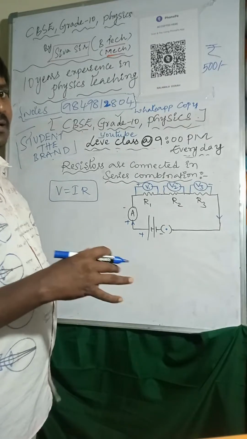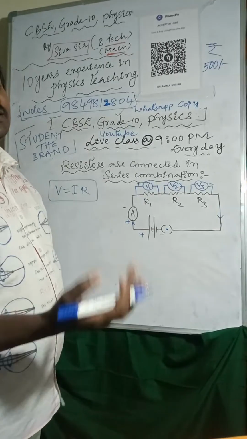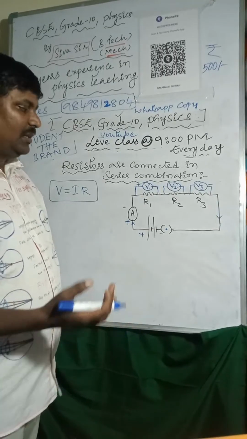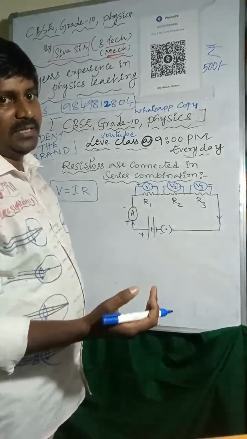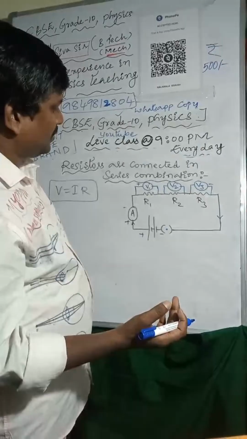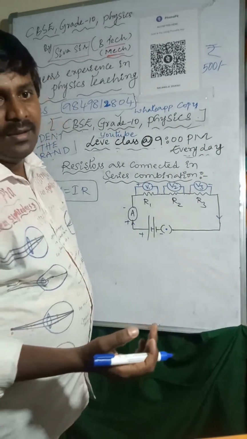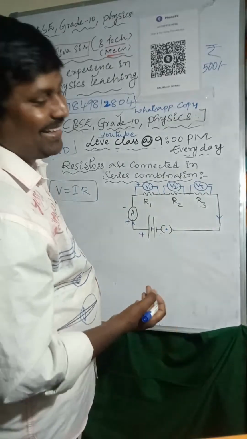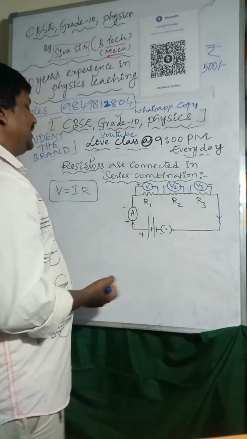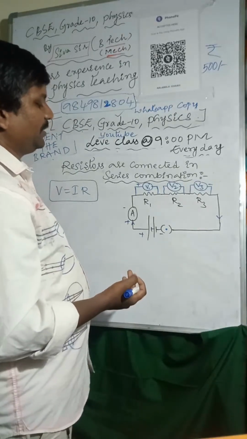When the current is passing through a metallic conductor, the potential difference across it is directly proportional to the current flowing through it.